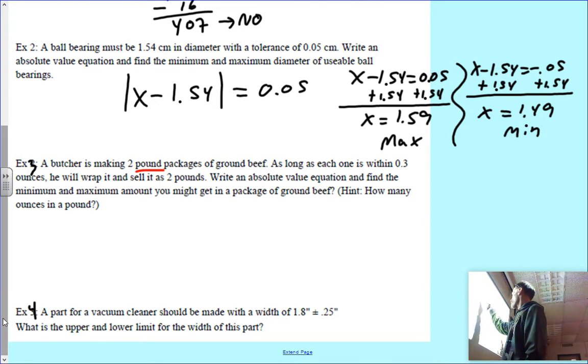We have 2-pound packages, but the variance is 0.3 ounces. So you probably want to put the pounds into ounces and then go from there. So go ahead and pause the video, work on that one and example 4, and then we'll zip through those real quick.